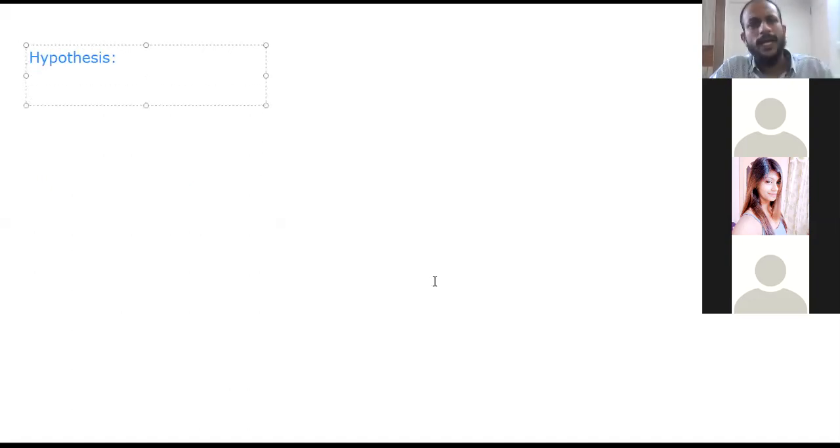Because you're learning hypothesis for the first time, I'm not going to ask you questions, but generally I ask students, because whenever they learn research or stats, they will have a fair idea of what is meant by hypothesis.